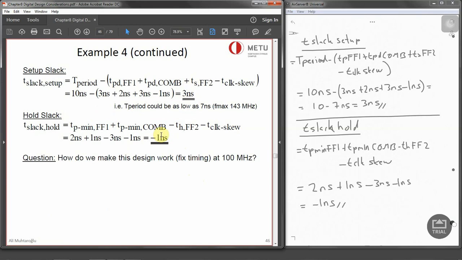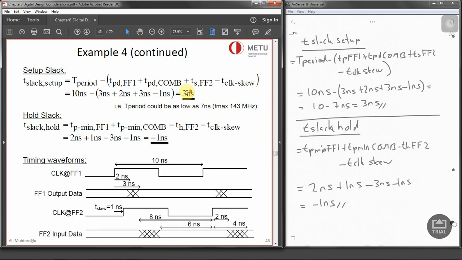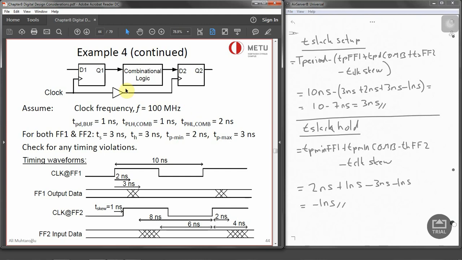And the question is, how do we make this design work, or fix the timing at 100 megahertz? As we have got a margin for the setup, which is 3 nanoseconds, we can actually delay the data. So how do we delay the data? We can delay the data from the flip-flop 1 to the flip-flop 2. How can we do that?